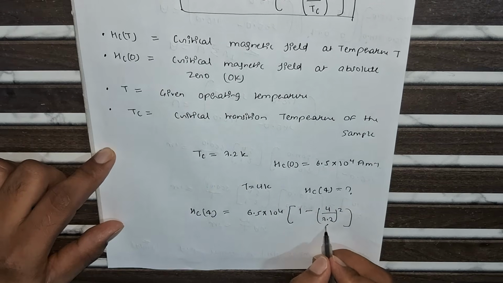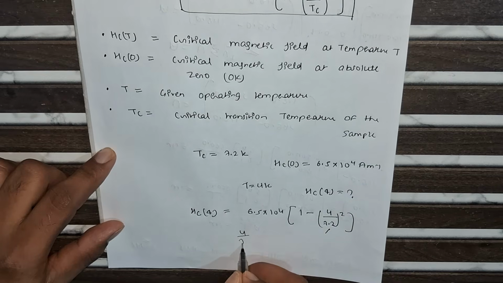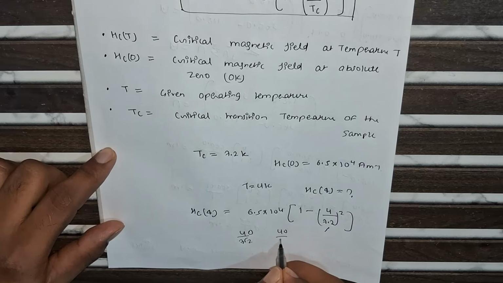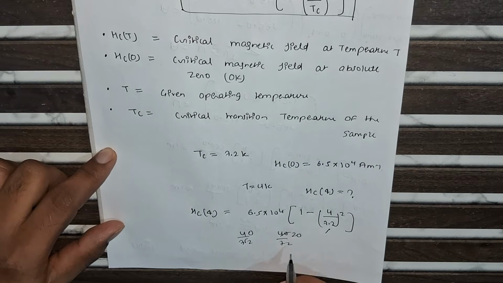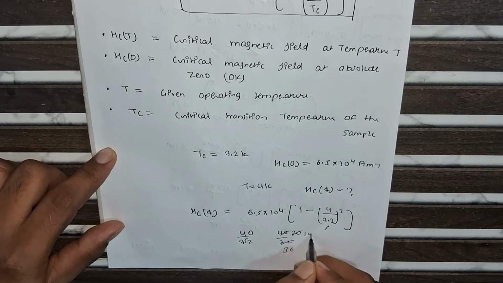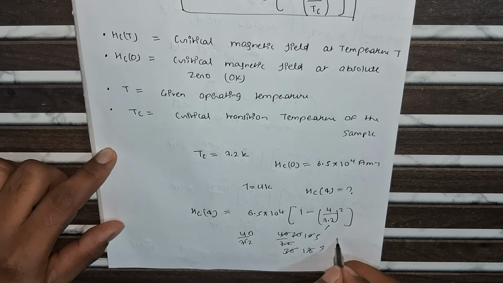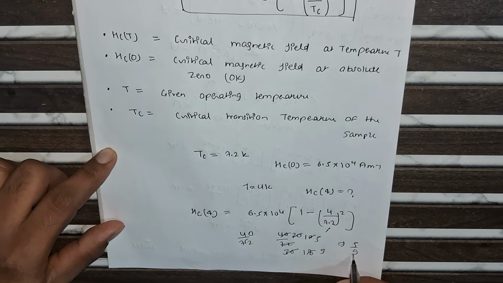Now first we solve this expression, which is 4 by 7.2. Now remove the decimal by multiplying by 10, it will come 40 by 72. This cancels 4 times, 36 becomes 10 and 18, then 5 and 9. So our expression reduces to 5 by 9.